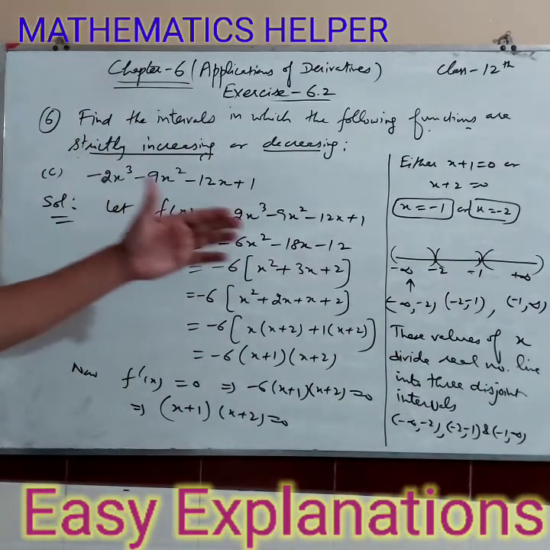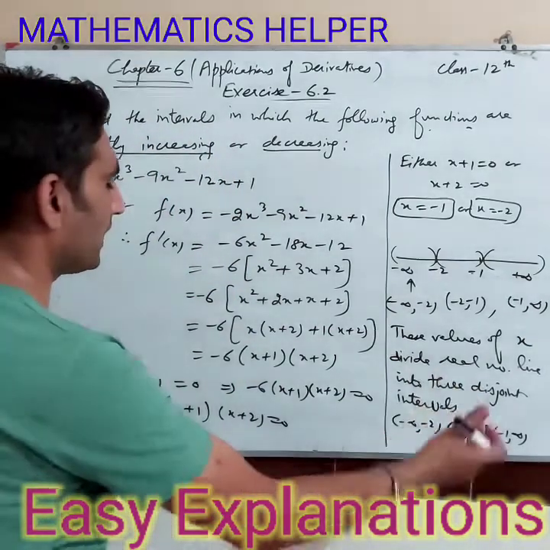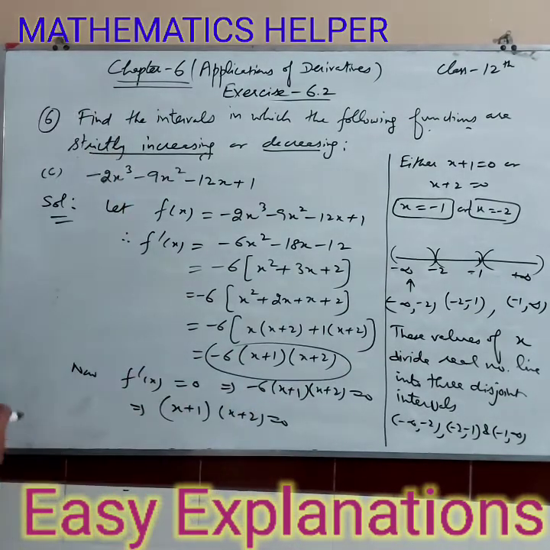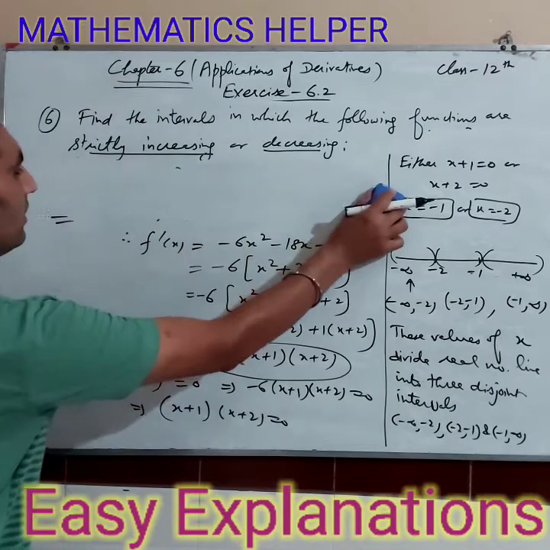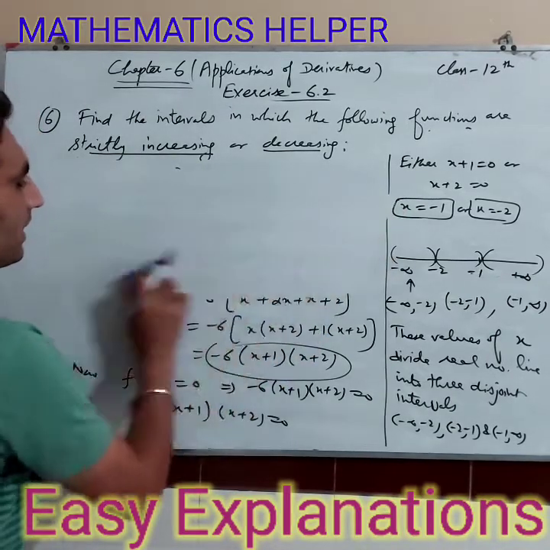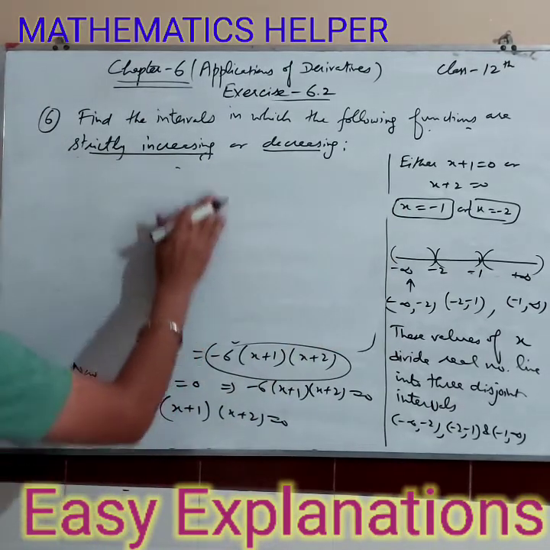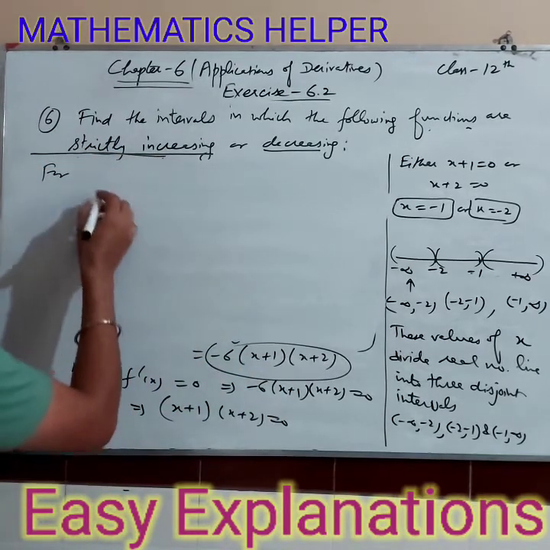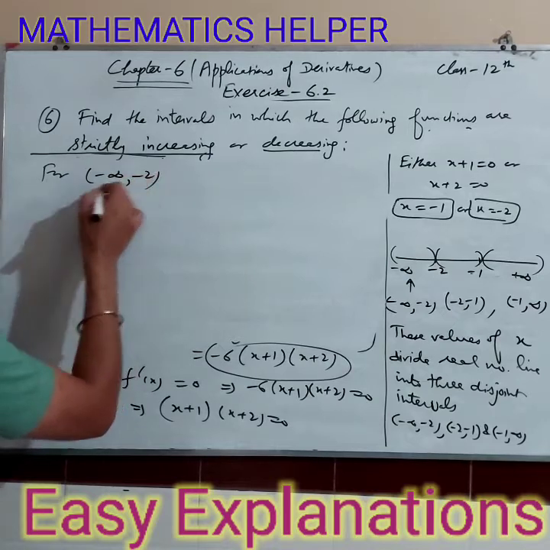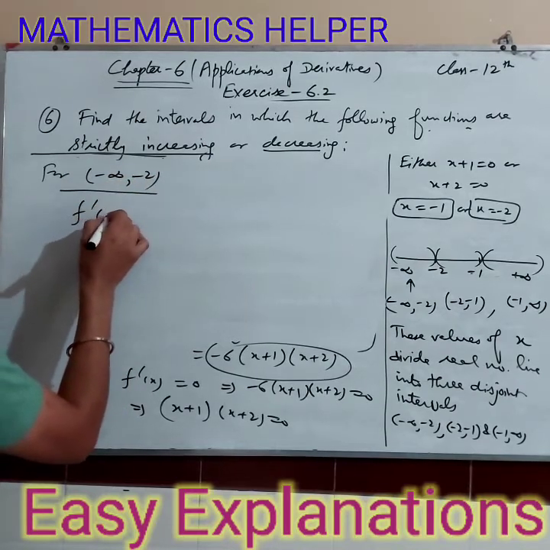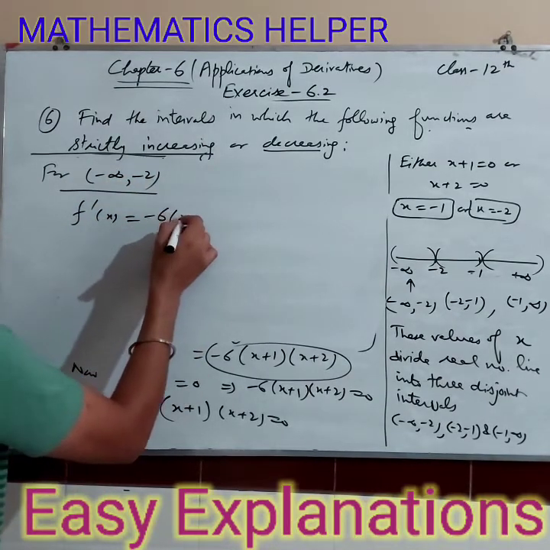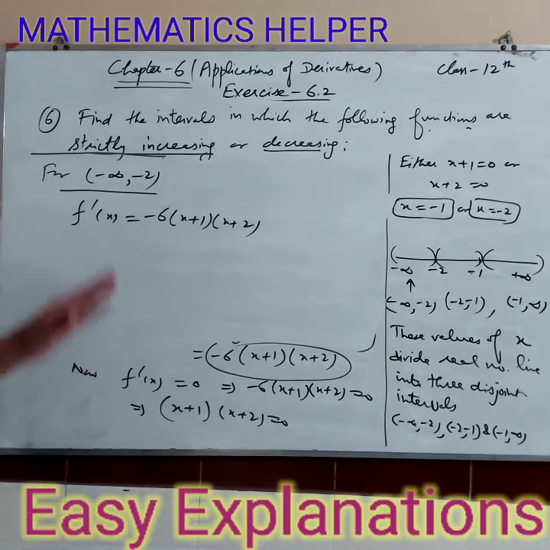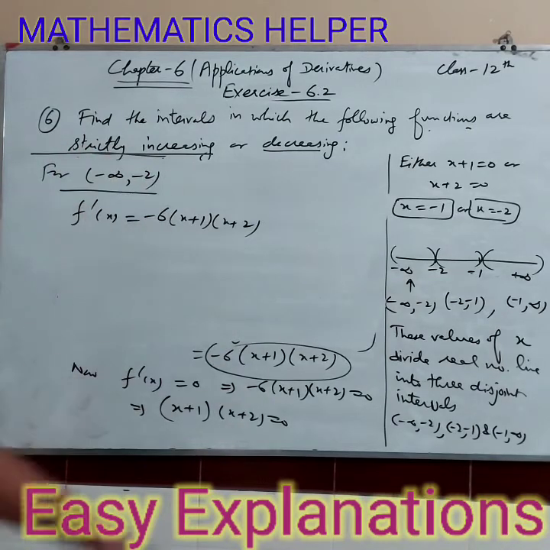Now we have to check for all these three intervals what kind of answers we have for this derivative. I am going to erase this whole thing, because I need only the derivative. For the first interval, minus infinity to minus 2, the derivative is minus 6 into x plus 1 into x plus 2. Since this interval is up to minus 2, we can take any negative number.